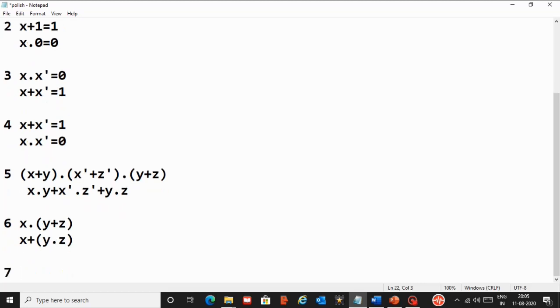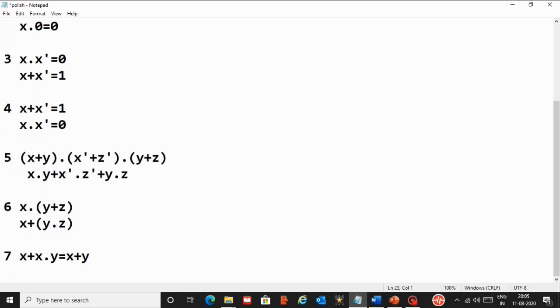The next one is x plus x dot y is equal to x plus y. So how will I do that? What will I do here? I will say x remains as it is.